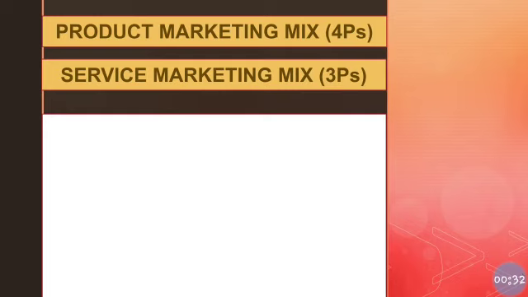There are two types of marketing mix. First one is product marketing mix, which consists of 4 P's, and second one is service marketing mix, which consists of 3 P's. So today we will study in detail 7 P's of marketing mix.